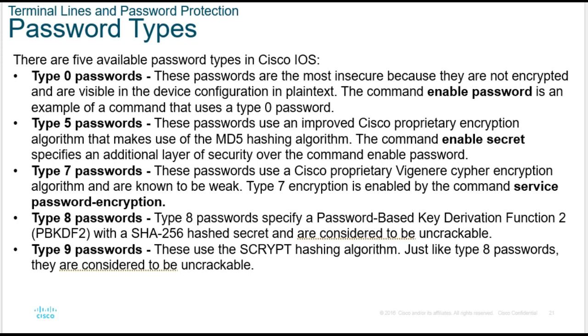Next is type 7 password, where we use the cipher encryption algorithm, and the keyword for configuring this is service password encryption. Another level of password is type 8. This is using hash function and is considered to be uncrackable. Next is type 9 password, also using hashing algorithm.